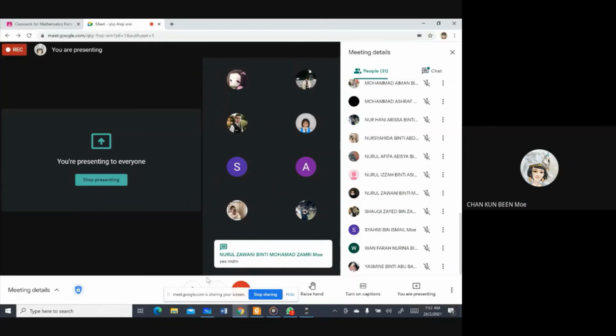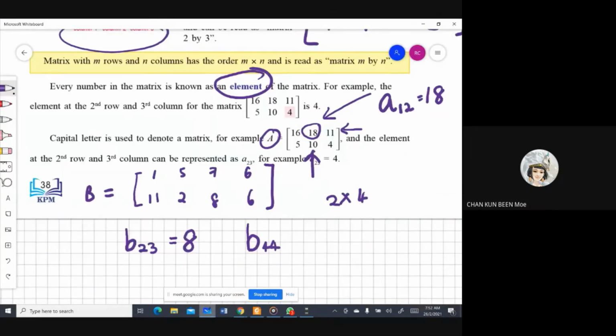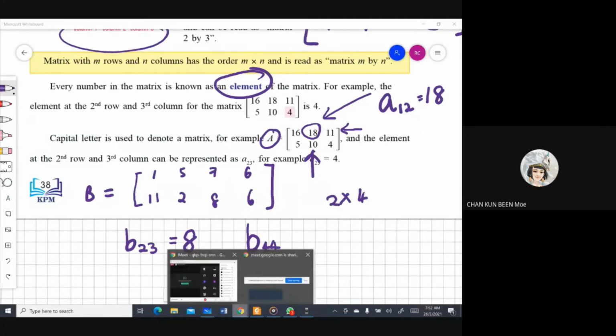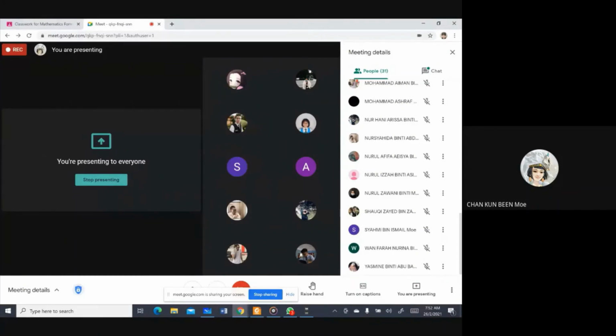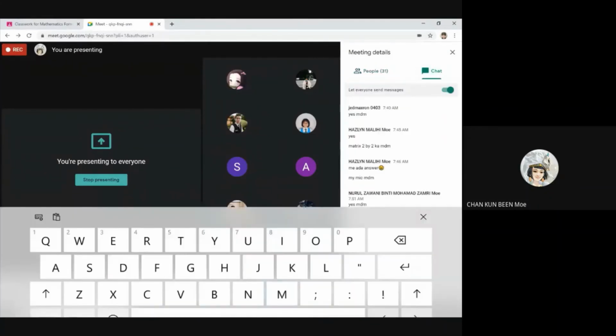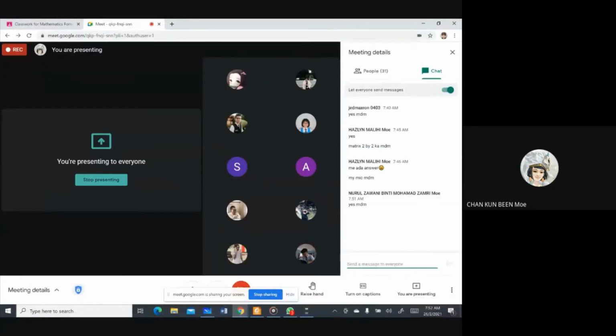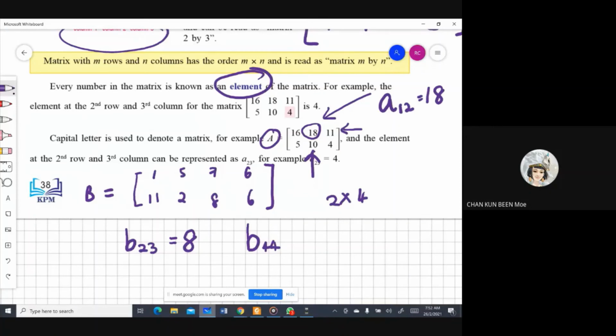Zawani, can you tell me what is the answer for the element for B44? Okay, I go back to you. You type it out, is it, Zawani? What is the answer for the element? Is it 6? Yes, very good.